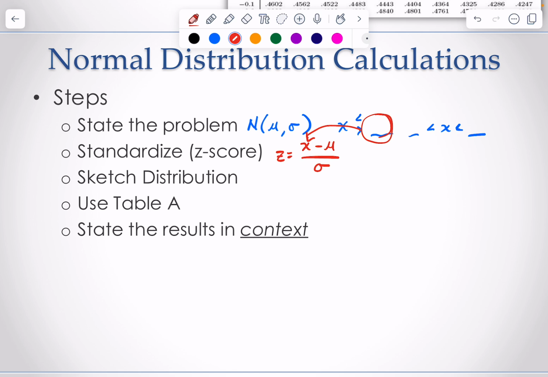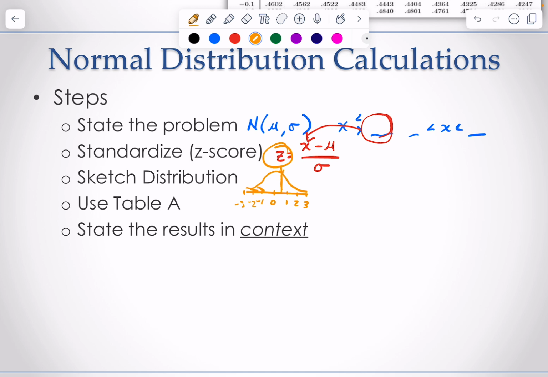Once I have that z-score, I'm going to sketch my distribution. So I'm going to draw my normal curve. We're doing the z-score, meaning the standard normal curve, so 0, 1, 2, and 3 in either direction. And then whatever z-score I calculated, I find that location on the x-axis here, and then I shade whichever direction I was trying to go.